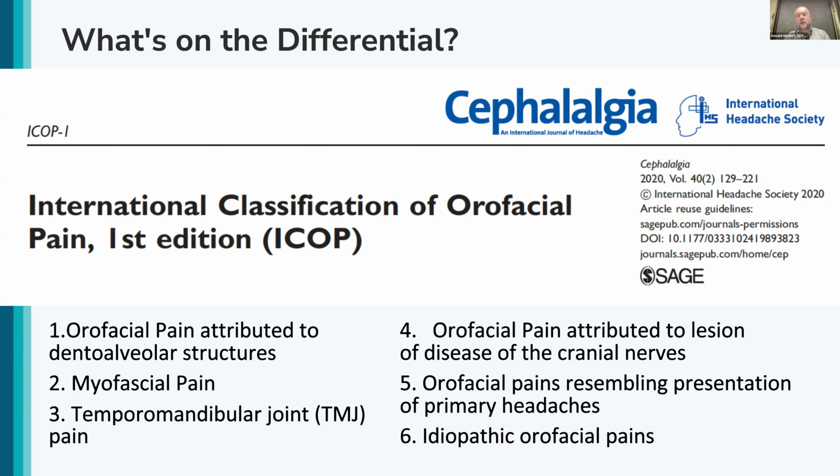The fifth is the presentation of headache disorders in the face, as opposed to what's thought of as being more in the head, which is above the eyes and behind the ear. And then in most classification systems, you have this last group, which we call idiopathic facial pain. Idiopathic is just a technical term for we don't know what it is.